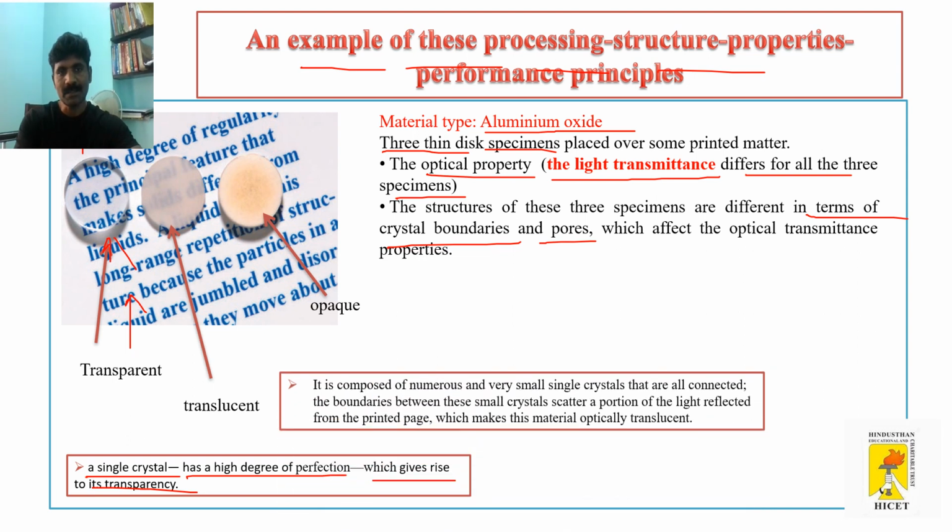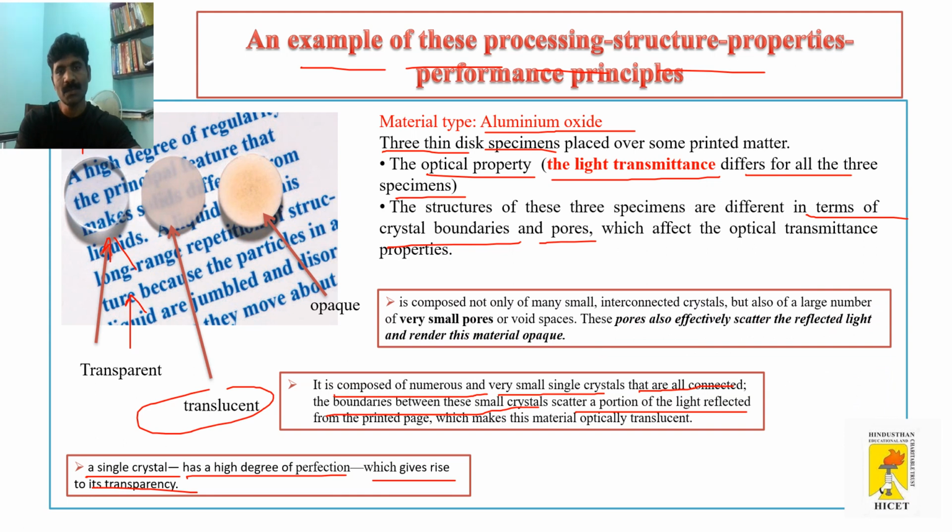The second disc, which is optically translucent, is because of numerous very small single crystals that are all connected, and the boundaries between these small crystals scatter a portion of light from the printed page, which makes the material, as I said, translucent.